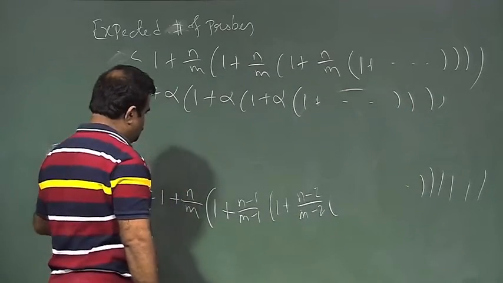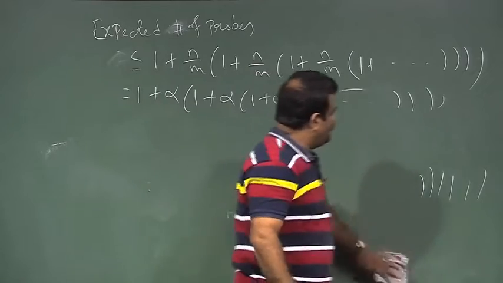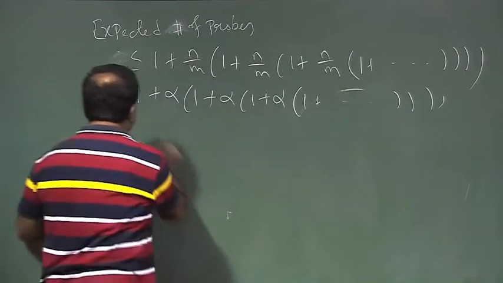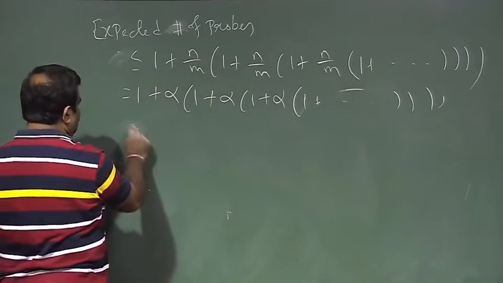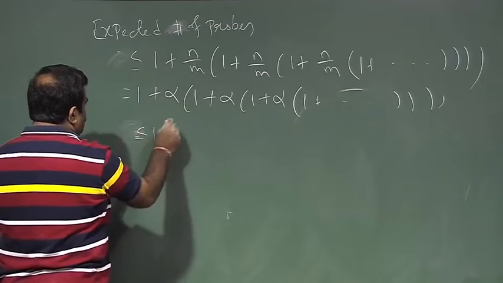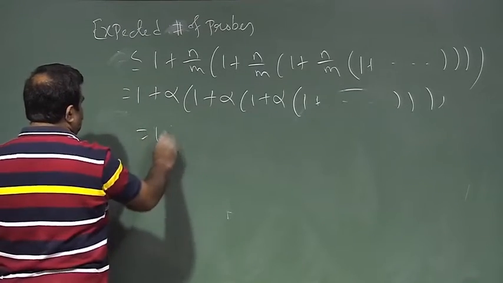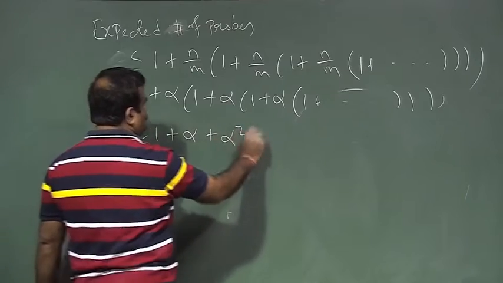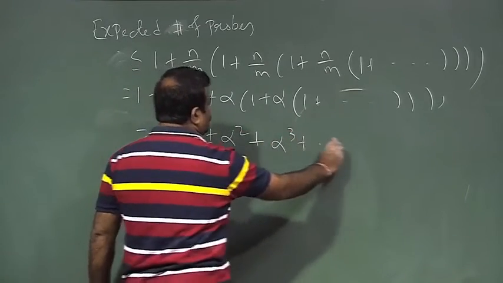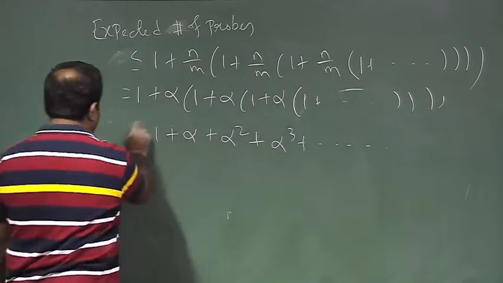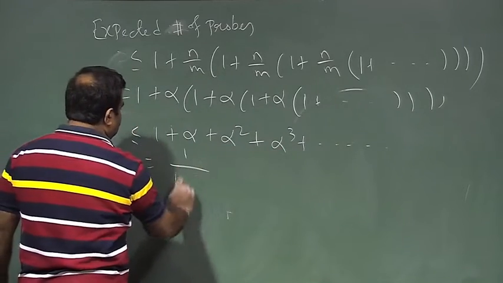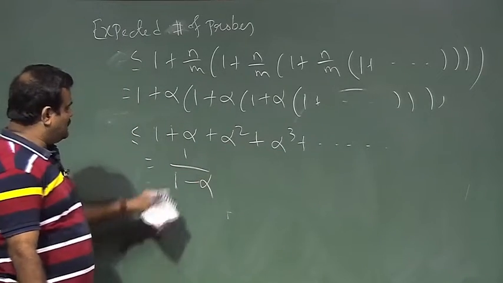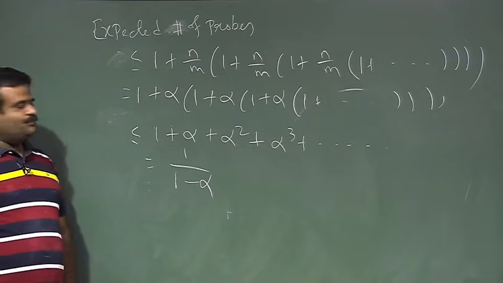So, now we have the expression, which is less than 1 plus alpha plus alpha square plus alpha cube, and so on. This is a power series, an infinite sum, which is basically 1 by 1 minus alpha, since alpha is less than 1.